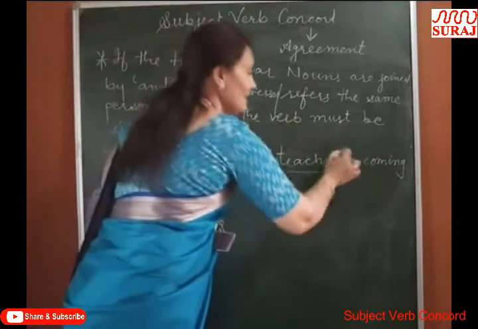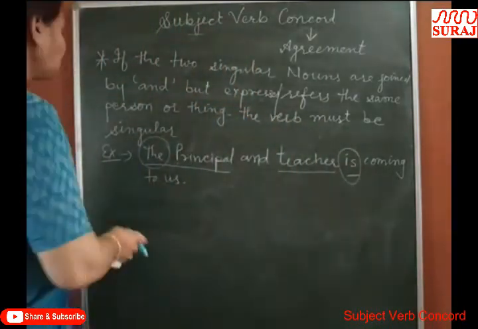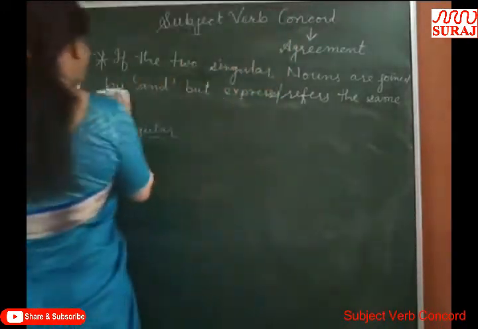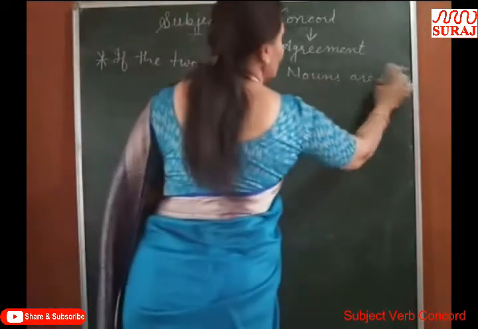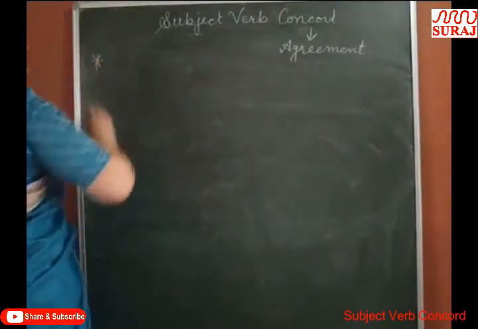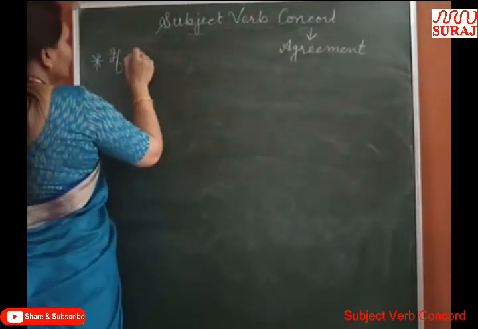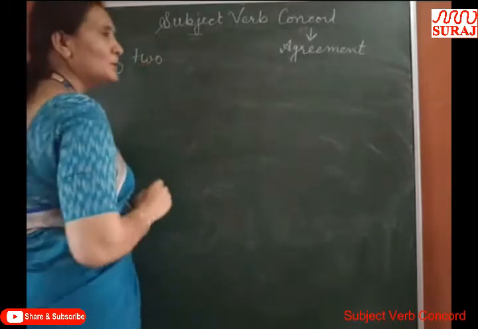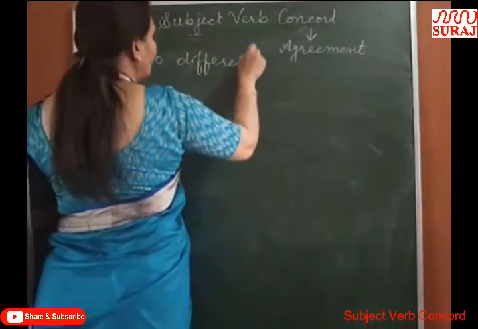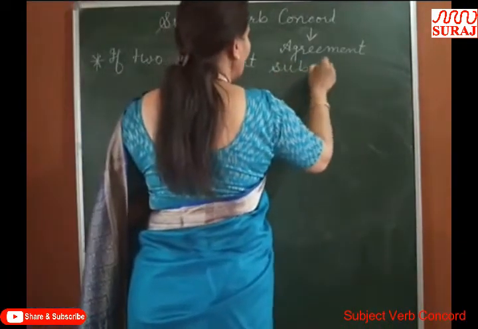If there is a determiner before the second subject, it means both are different person, different noun. But if the determiner is not repeated before the second subject, it means both noun refer the same person or thing. That's why I have used here singular verb. Is it clear to you? Next rule.